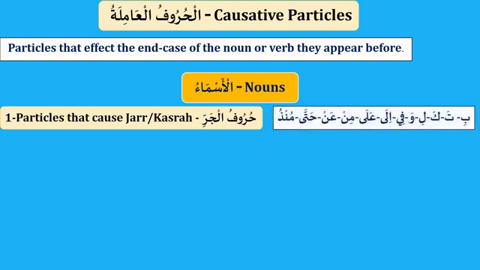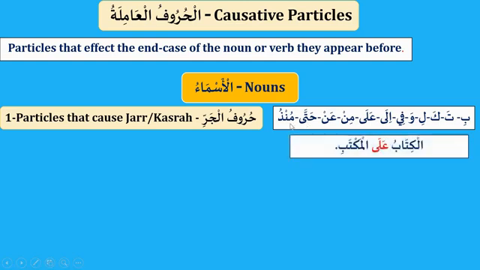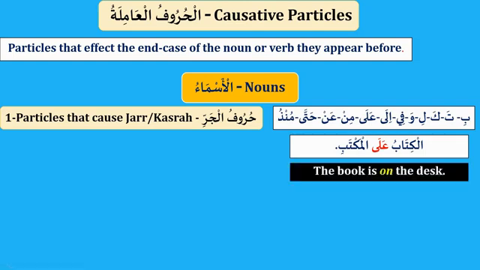They are bi, ta, ka, li, wa, fi, ila, ala, min, an, hatta, and منذ. Example, al-kitabu ala al-maktabih. The book is on the desk. Ala means on, al-maktabih, desk. As we see, the harakah of maktab changed from damma to kasra because of ala.